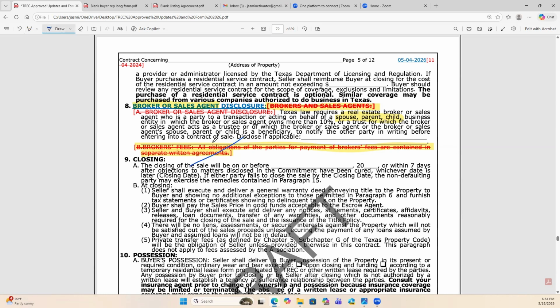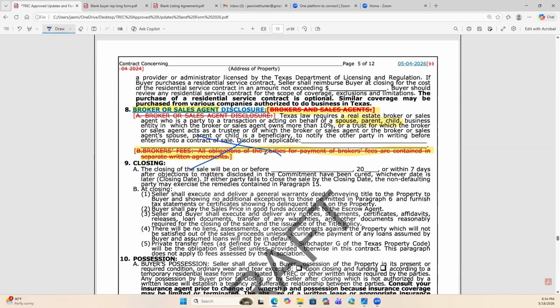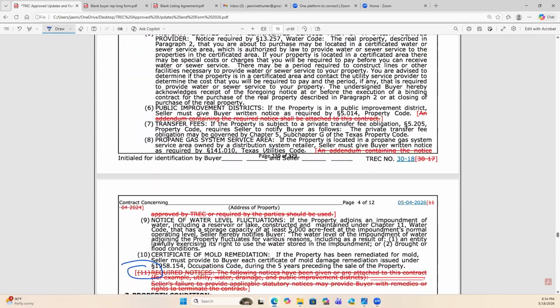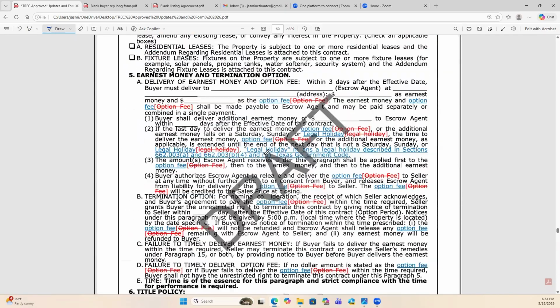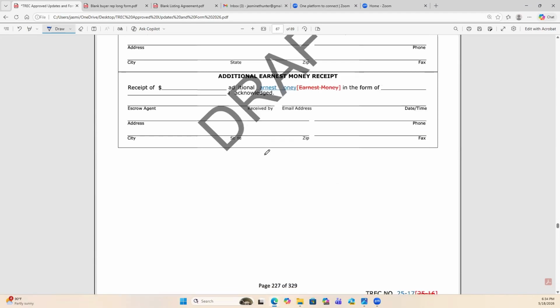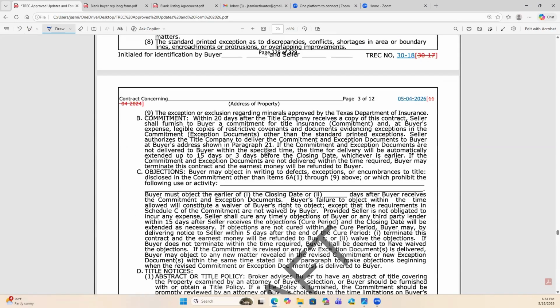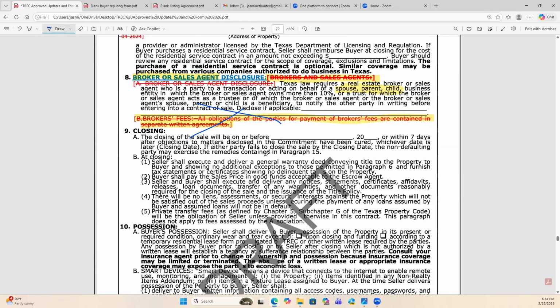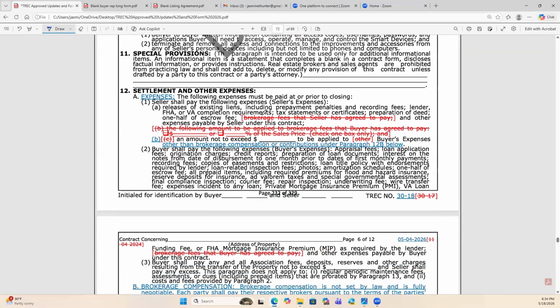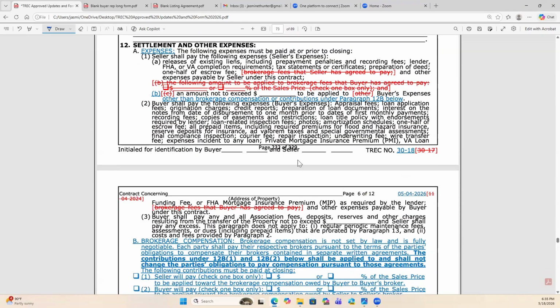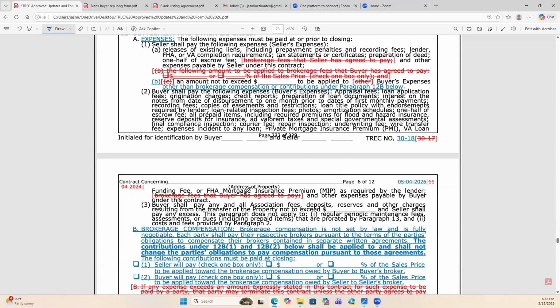This is gone. This is not a conversation that we need to have in paragraph 8. So there is no conversation about compensation anywhere. Now it's gone. Okay. So it's now the first time that you're going to see anything about broker compensation will now be where it should be, which is in paragraph 12B, right here, brokerage compensation.